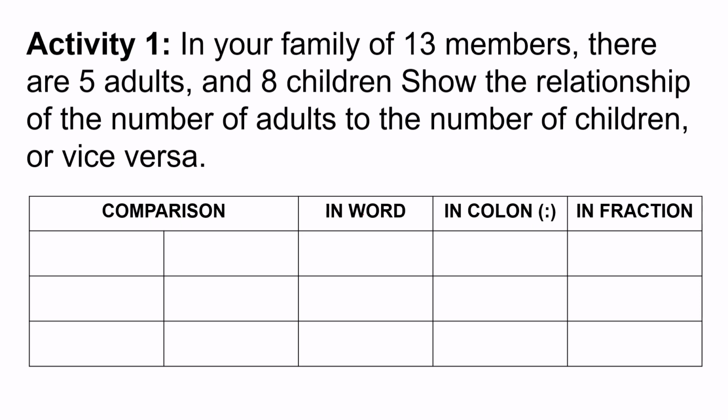In comparison, it can be part to part, so that is adults to children or children to adults. It can also be part to total: adults to the total number of family members, or children to the total of family members.